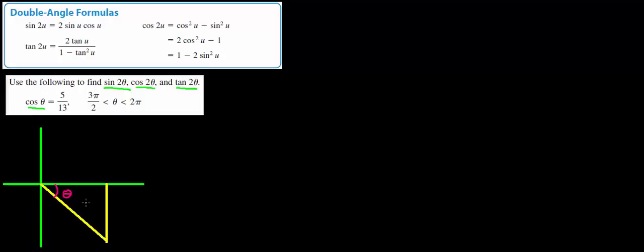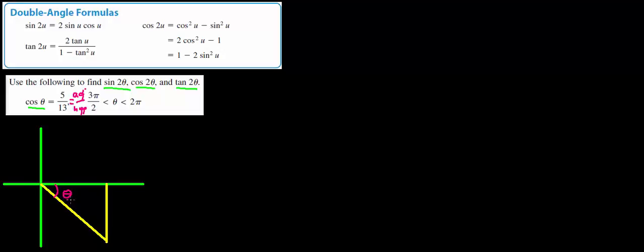I have drawn my reference triangle in quadrant 4 with my reference angle theta. Remember that cosine of theta is 5 over 13, so they're just telling me how much the adjacent side measures and how much the hypotenuse measures.